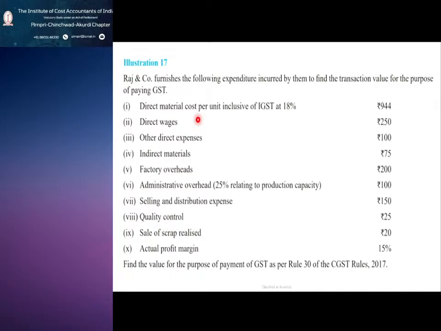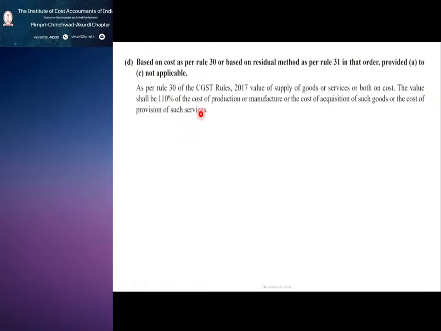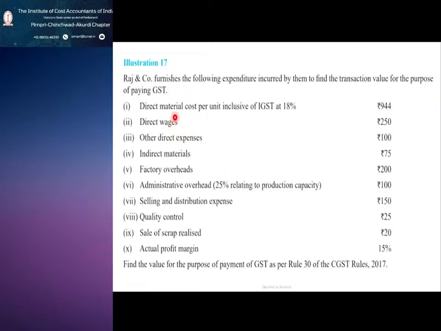Then you go with the last step, as per rule 30. It is like a cost sheet only. You can have a look at what that 110% is. You know the direct material, wages, direct expense, indirect materials, factory overhead, administrative, selling, distribution, quality control.